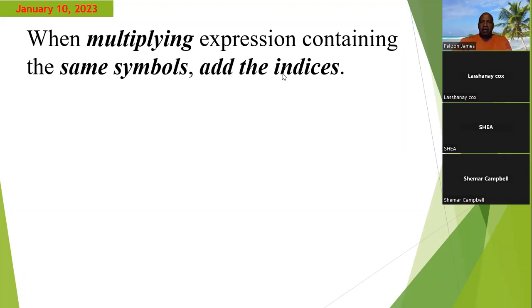Now, power is the same as index, and the plural for index is indices. So if we are multiplying m times m, then we count how many m's we have and we raise m to that amount, right? So this is m to the second power.